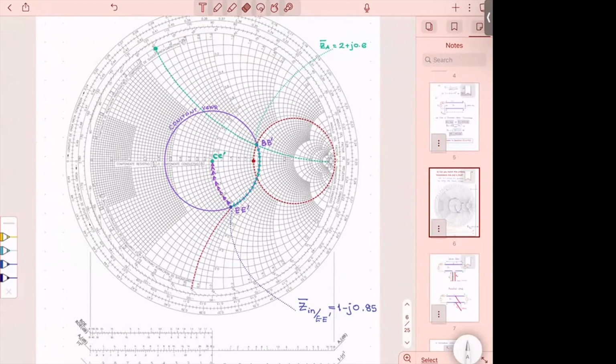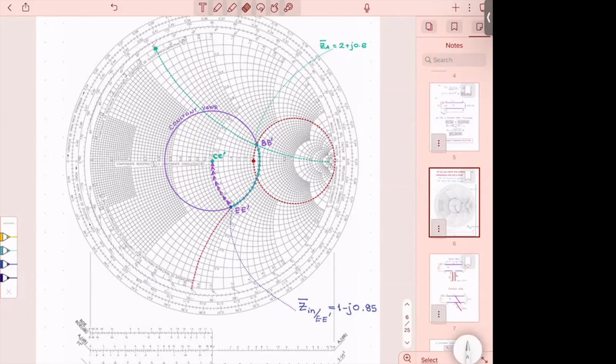Another way, if I move along a red circle, that implies that I don't move on the transmission line anymore. It shows like I'm moving on a circle, but any movement along this circle implies that I'm introducing a reactive element. Why? Because all of the impedances on this circle have the same resistive part.